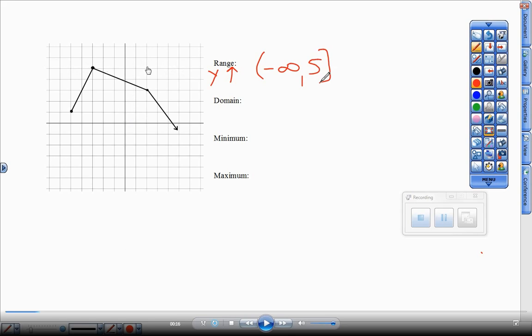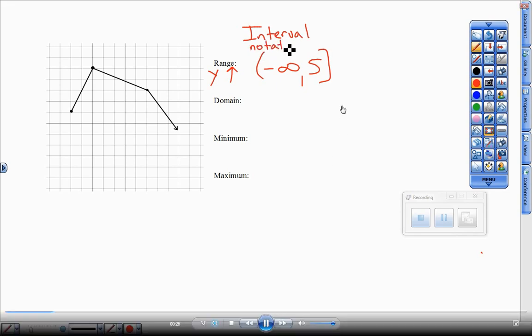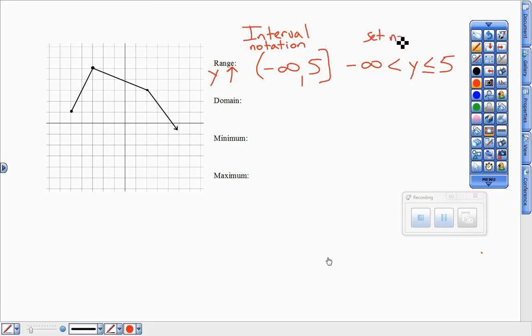That is my range. If I wrote that in what we call set notation, because that is interval notation, that would be written as negative infinity less than y, because it's y numbers, less than or equal to 5. That is called set notation.